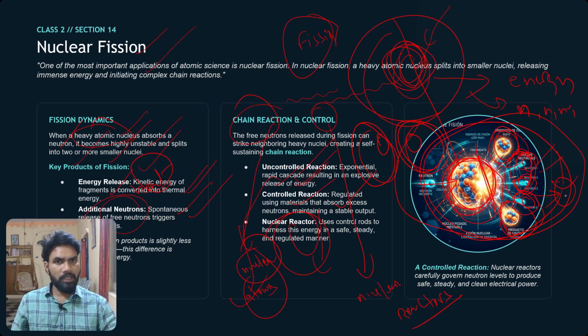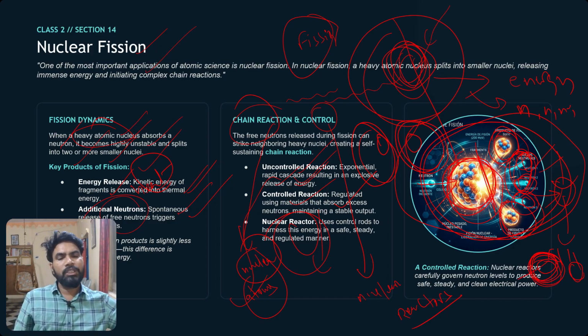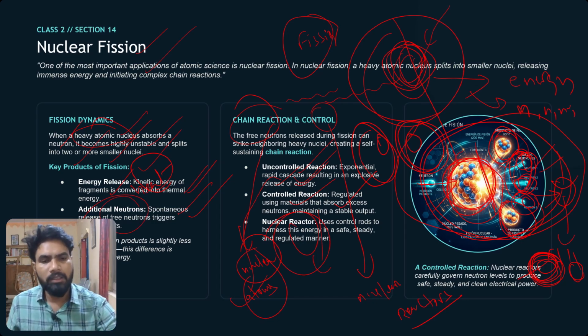Then the same thing happens, energy will be released and some free neutrons will emerge. The desired amount of additional neutrons will again be absorbed and the desired number of neutrons will be kept free. In that way it becomes a controlled chain reaction. That is the principle used in nuclear reactors.